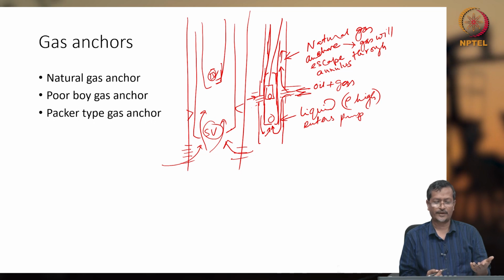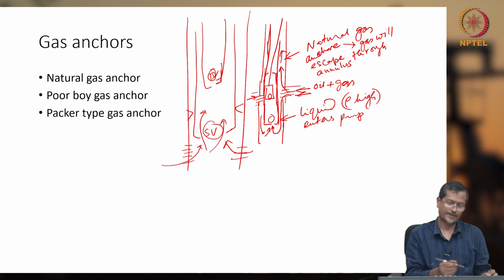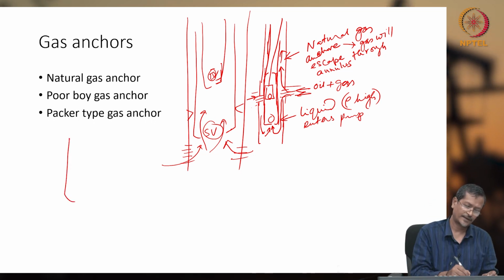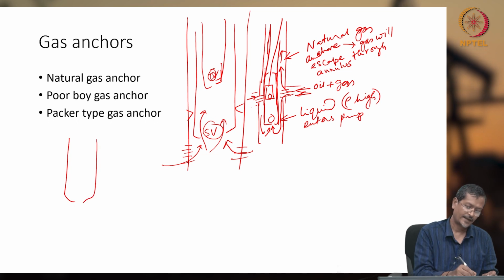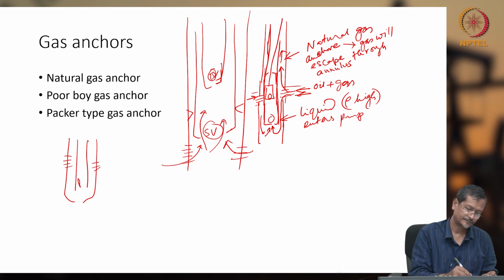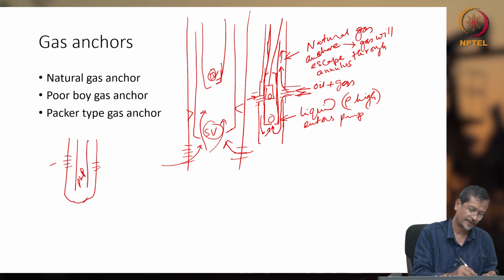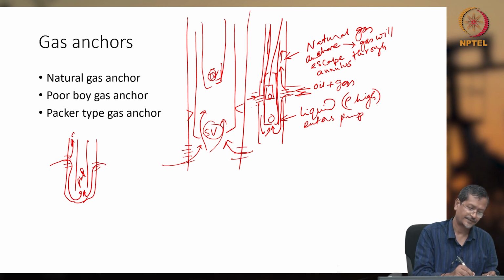Another is the poor boy gas anchor, which has a similar mechanism. Actually they will have a separate instrument like this, with lots of pores, and your pump intake is here. Gas and oil, or liquid, will be coming like this, and gas will be escaping.